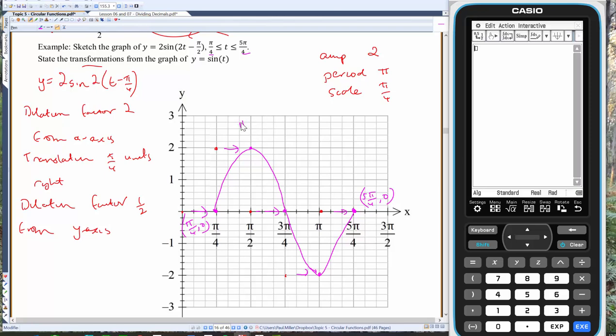So we've got pi on 2 comma 2, pi comma negative 2, and this x-intercept is 3 pi on 4 comma 0. Okay. So the basic process that I use is I first of all sketch the untranslated version, and then we'll just translate the points the given amount in the question.